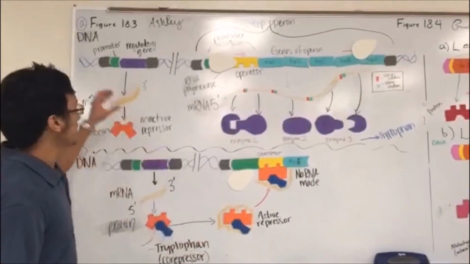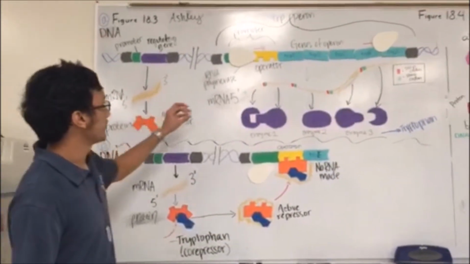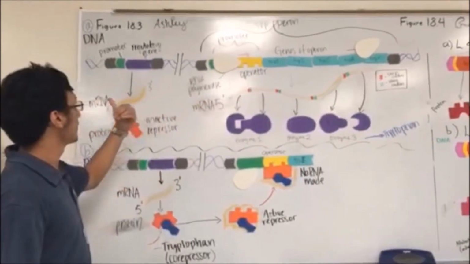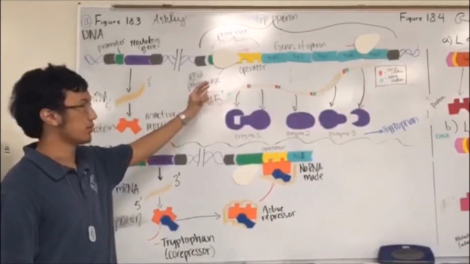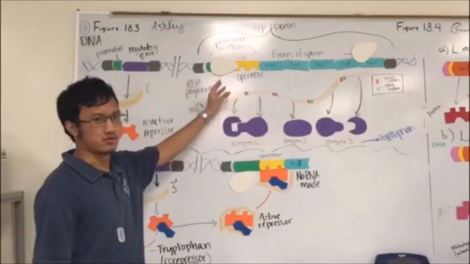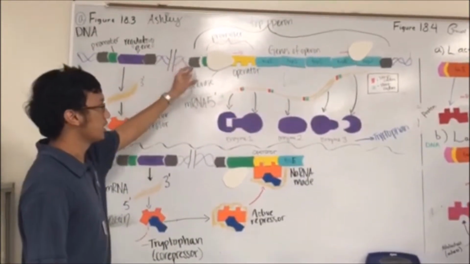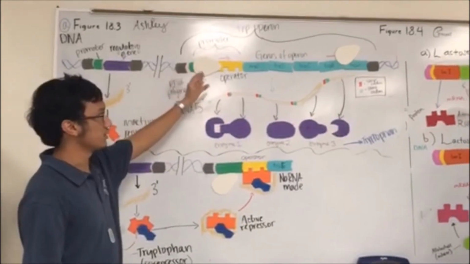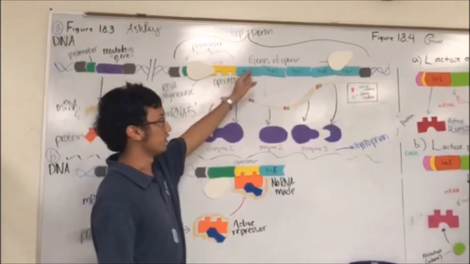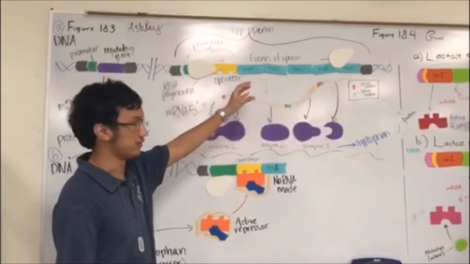So for figure 18.3, we have DNA and the trp operon. This trp operon is always active until it's interrupted. Here, the RNA polymerase moves along the DNA and along the genes, so this will code for different enzymes.